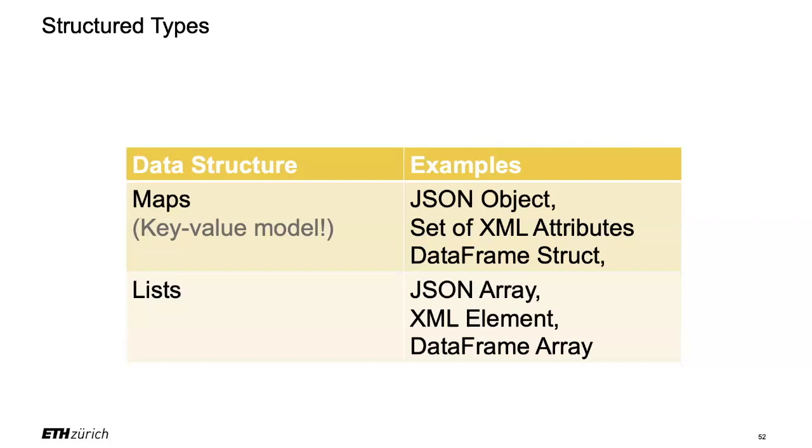Sometimes I will say list, sometimes I will say array. It depends on the context, but basically these are all a bit interchangeable, right? So map and list would technically be used maybe in more theoretical lectures about algorithms and data structures. Object and array would be used a lot in database lectures, technically.